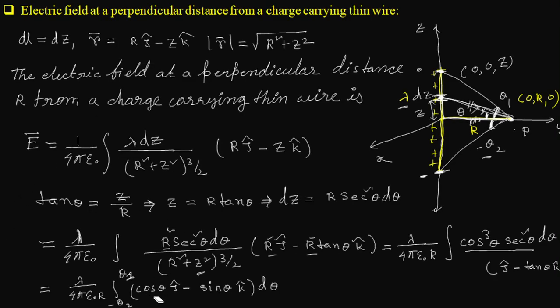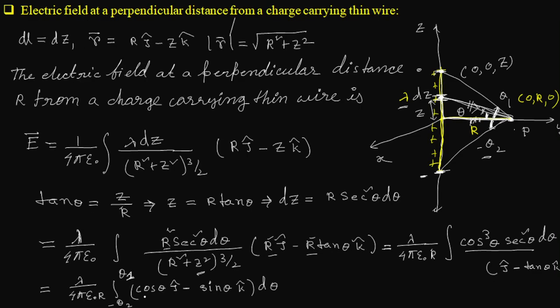So already we have done it here. Now we have to carry out this integration. When we carry out this integration, we'll get the final electric field at point P equal to lambda divided by 4 pi epsilon naught r, and then we integrate the term cos theta.